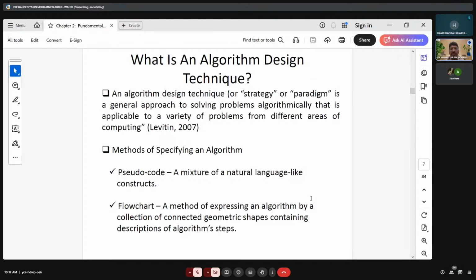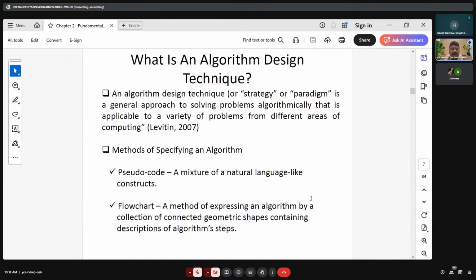So what is an algorithm design technique? An algorithm design technique, or strategy or paradigm, is a general approach to solving problems algorithmically that is applicable to a variety of problems from different areas of computing.